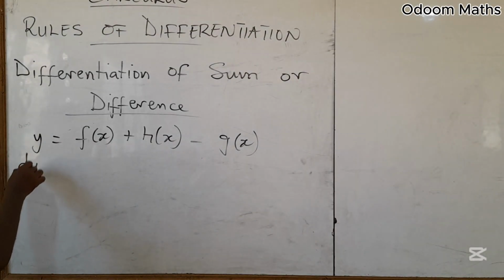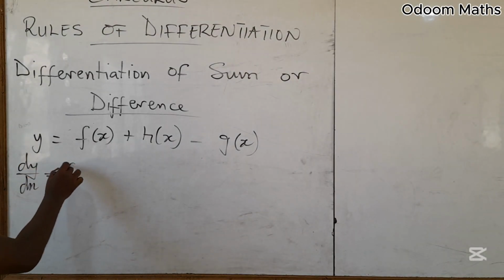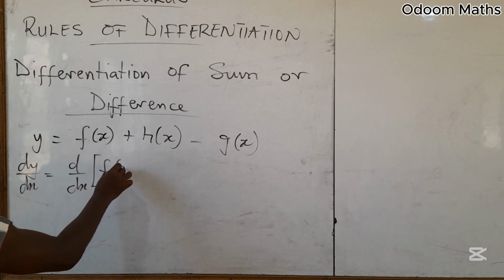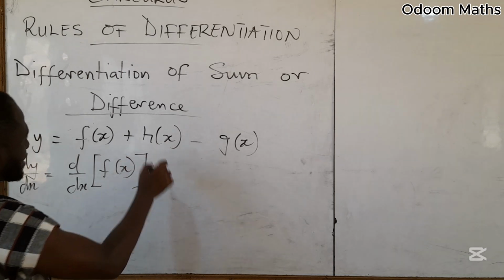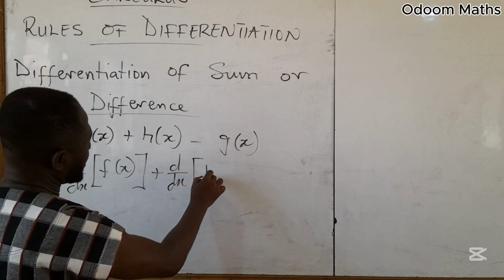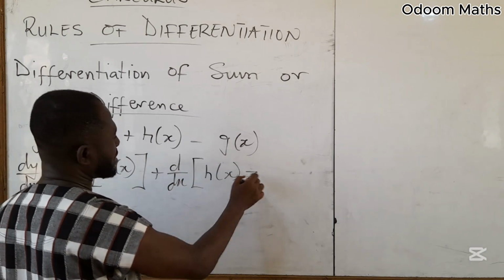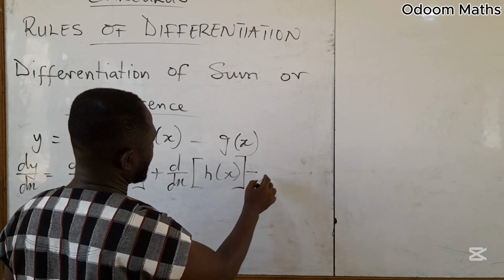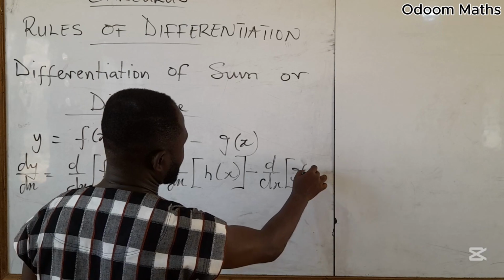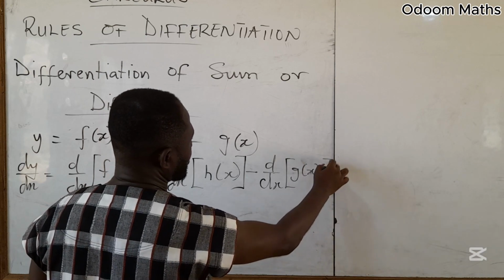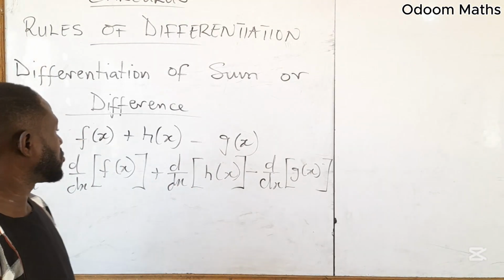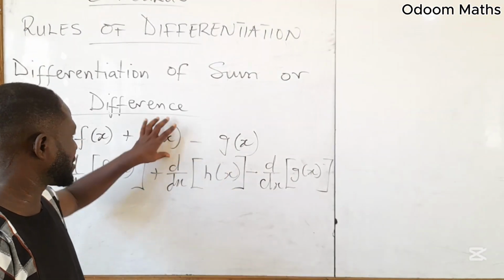So the dy dx becomes d dx of f of x plus d dx of h of x, then minus d dx of g of x. So that is differentiating each term separately.